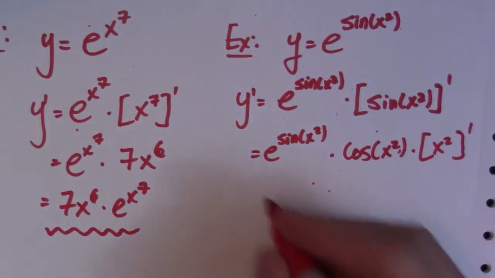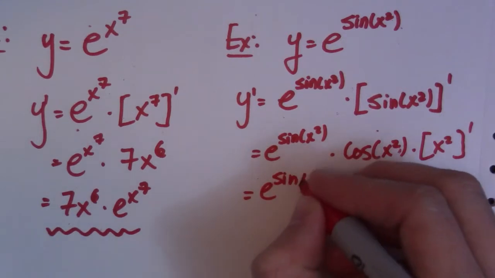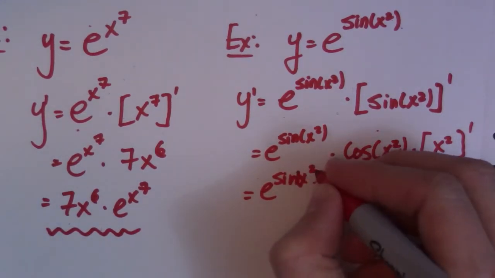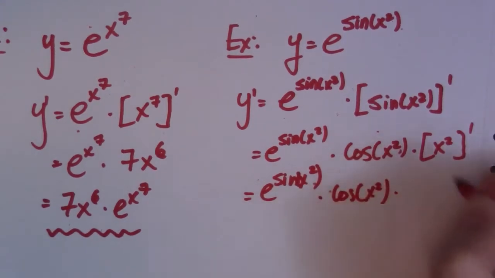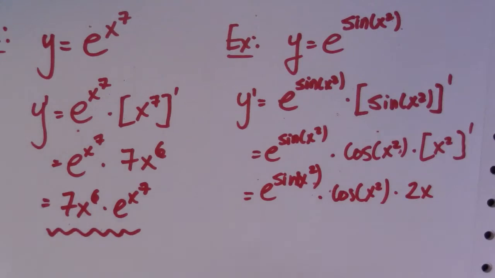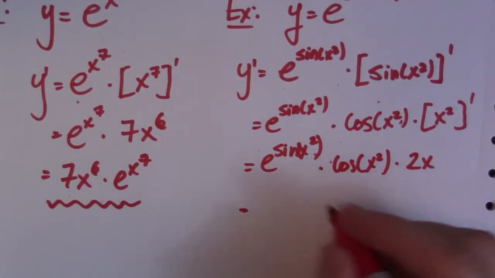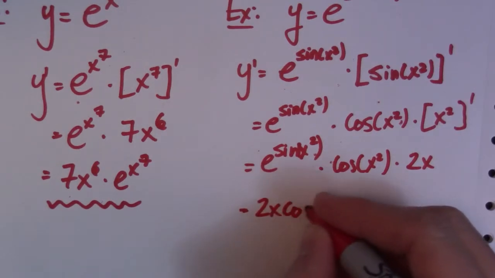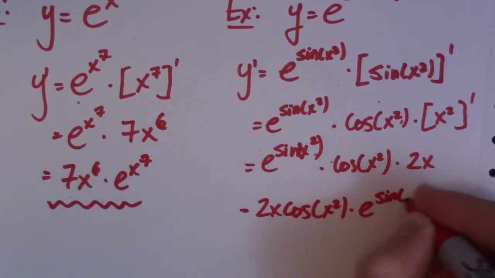And then we have e to the sine x to the 2 times cos x to the 2 times the derivative of x to the 2, which is 2x. The only thing I can really do with this is just rewrite. So I will write 2x cos x squared times e to the sine x squared.